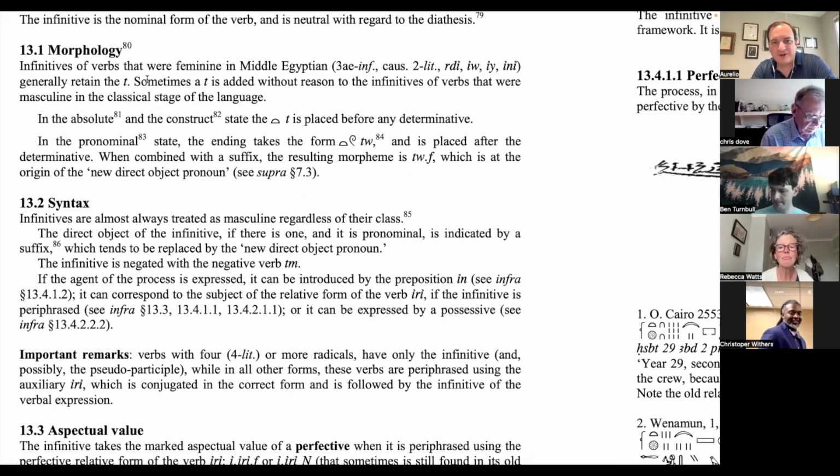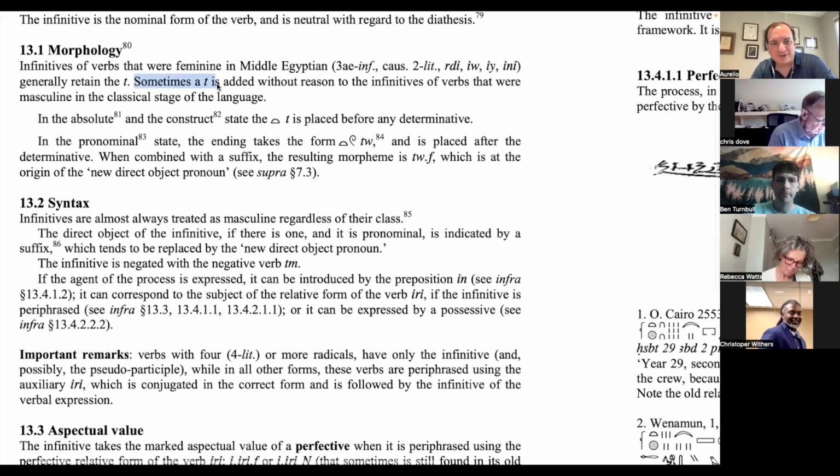Infinitives of verbs that were feminine, in other words, got the T in Middle Egyptian, namely the ones that had a third weak, tertiae infirmae. Causatives of two literals, and those special verbs, di to give, iw, i, and ini to bring. They generally still have the T. So to Rebecca's question, it should have a T at the end in this case.